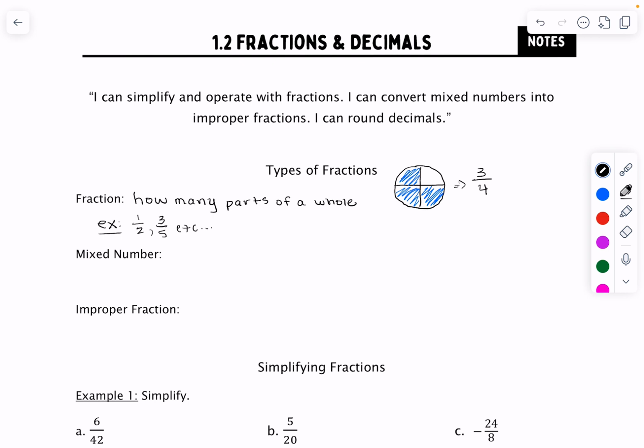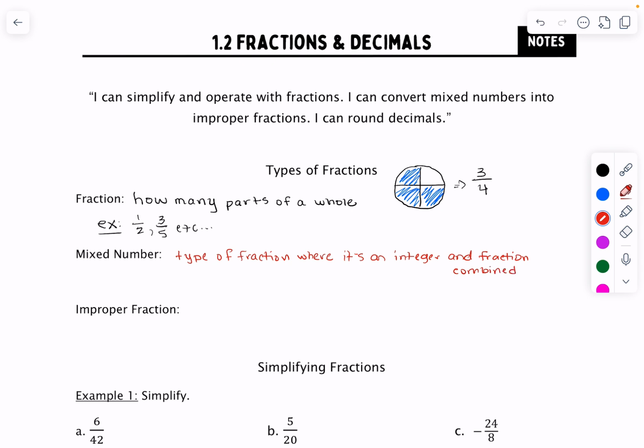Okay, a mixed number is a type of fraction, where it's an integer and fraction combined.